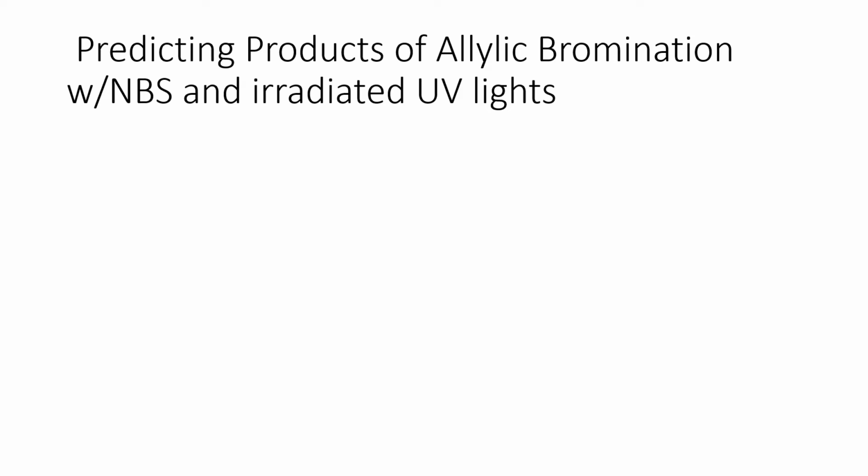And so now we're going to predict the products of allylic bromination with NBS and irradiated UV light. So if we look at this structure here, remember, bromination is regioselective. So that means we're going to identify the most stable position.